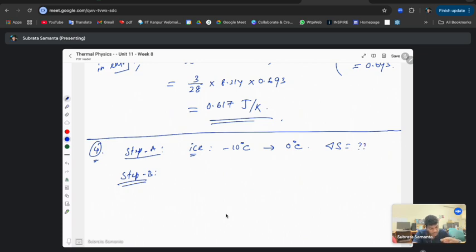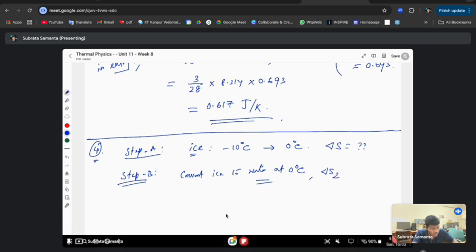The second, step B, is ice converted to water at 0 degree centigrade. So calculate the change in entropy when the ice changes to water at 0 degree centigrade. So you have to calculate delta S 2.